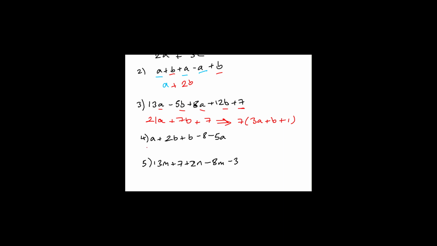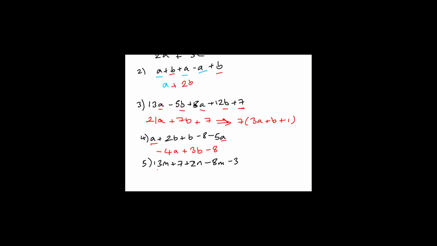Let's go to question 4 here. A plus 2B plus B minus 8 minus 5A. So let's get the A's together. Minus 5A plus A, that's the same as minus 4A. B plus 2B, that's 3B, minus the 8.